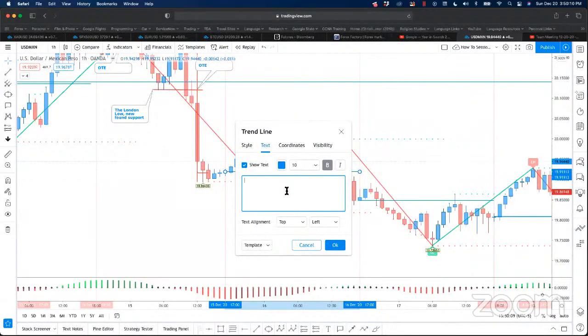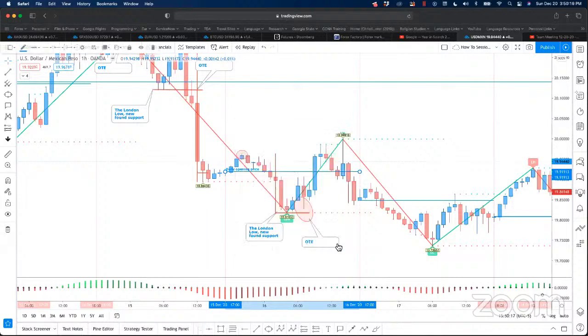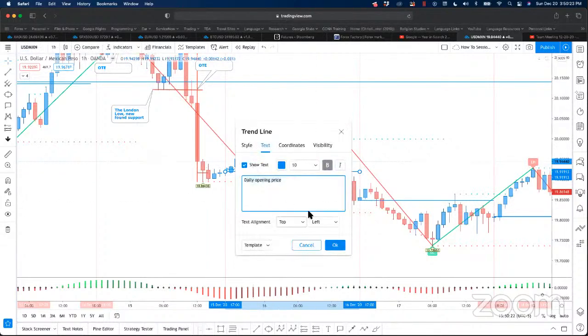So let me annotate this daily opening. And let's see, you can see it.